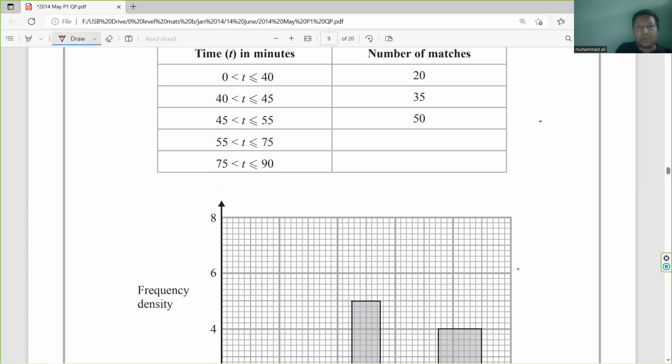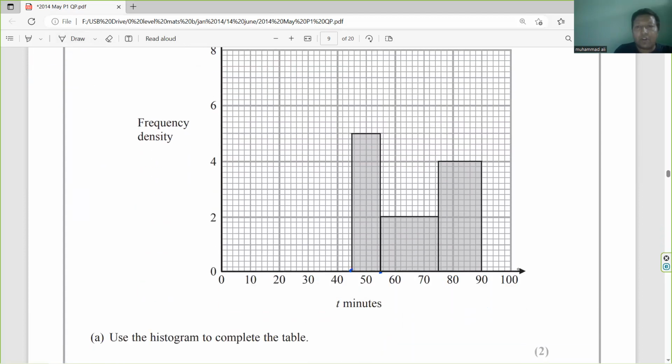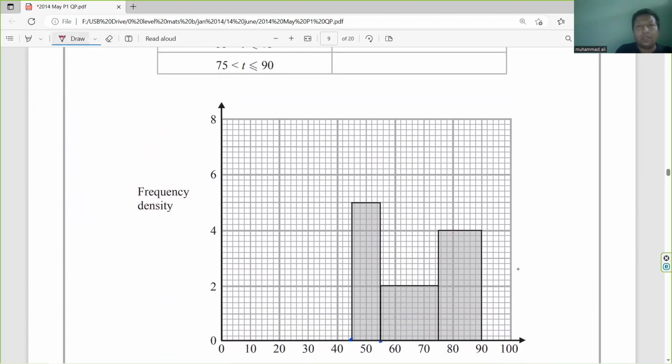Frequency is proportional to area, that means frequency equals k times area. We have to find the area of the interval 45 to 55.